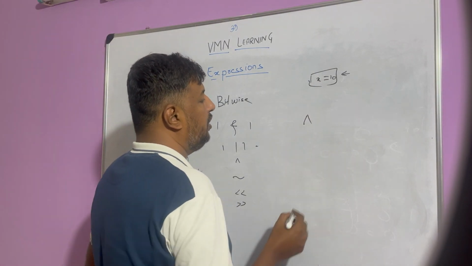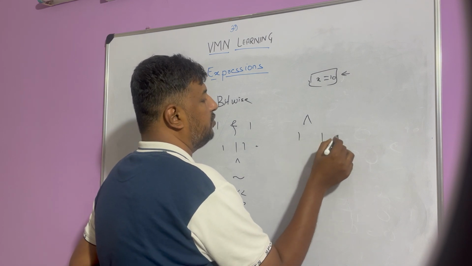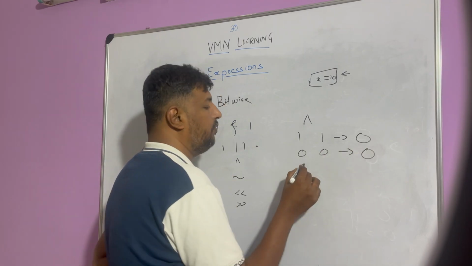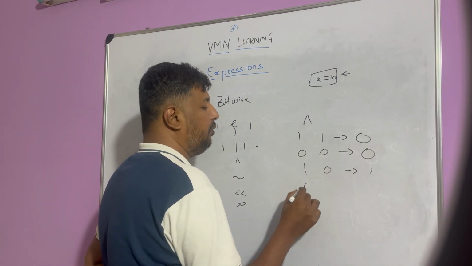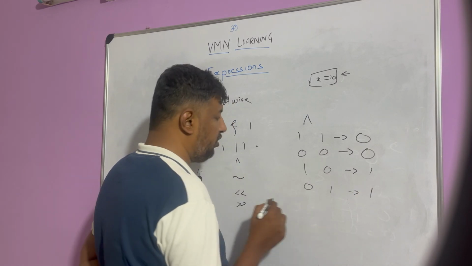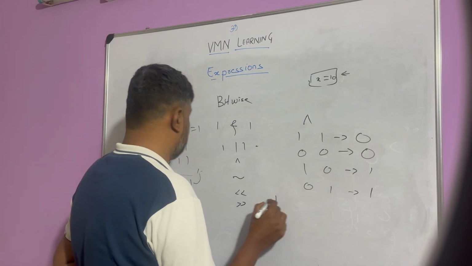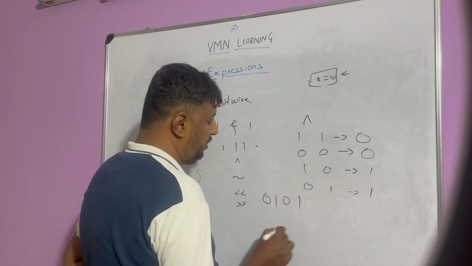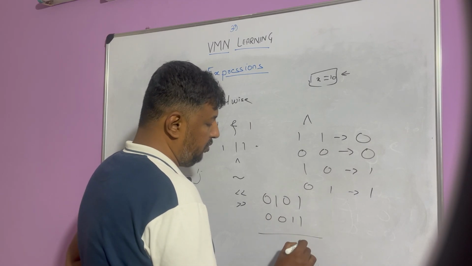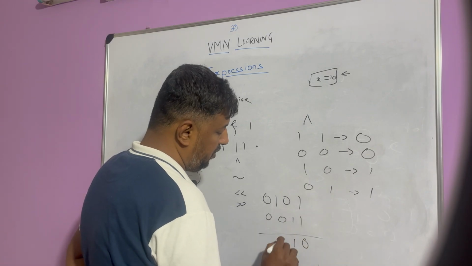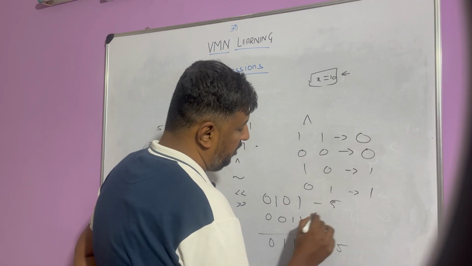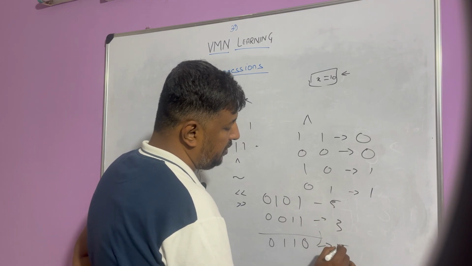If both are the same, it will be 0. If any one of them is different, then it will be 1. Okay, so taking our example 0, 1, 0, 1 and 0, 0, 1, 1, the result is 0, 1, 1, 0, that is 6. So 5 XOR 3 is 6.